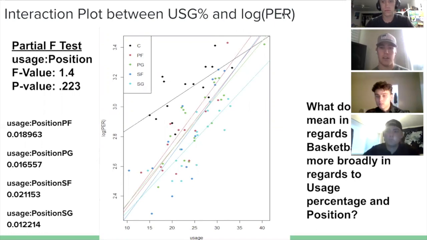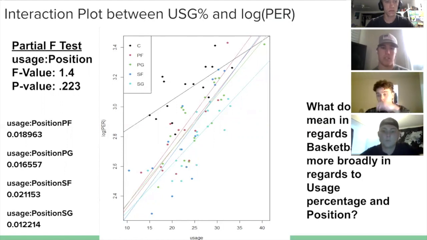As you can see, we got an F value of 1.4 and a p-value of 0.223. So we conclude that we do not have significant evidence to say that the interaction between usage and position is a significant predictor.